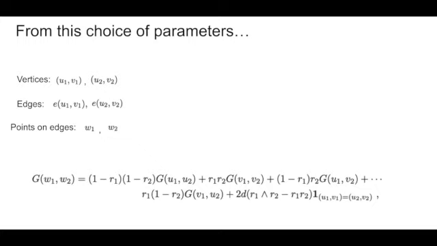The Green's function for the metric graph Gaussian free field is different from the covariance or Green's function for the regular Gaussian free field, because these parameters W1 and W2 that we pass to the covariance function for the metric graph Gaussian free field G are points on edges and not exact vertices themselves where the continuous time random walk begins and should end.